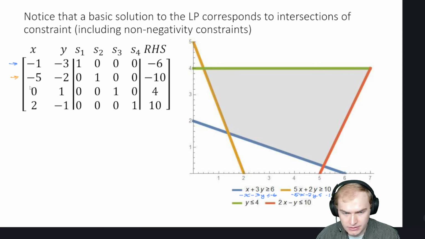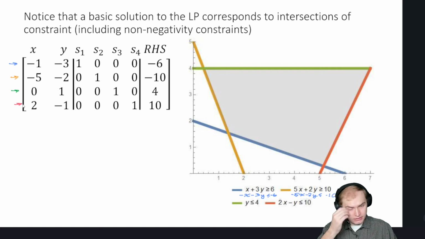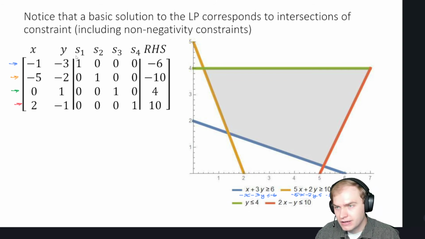This row is the yellow. This one is the green. And the last one is the red constraint. So I just pulled the coefficients off, added an identity matrix for the slack variables, and then tacked on the right-hand side.